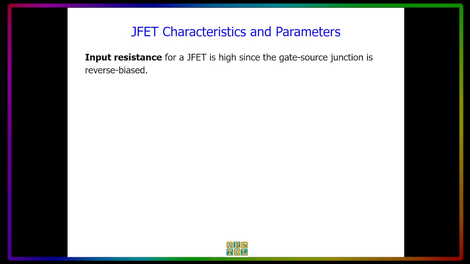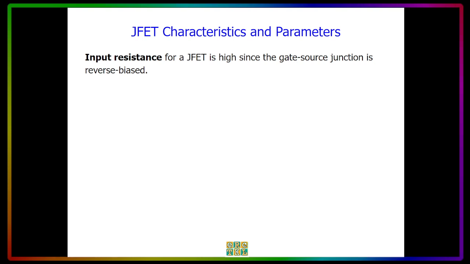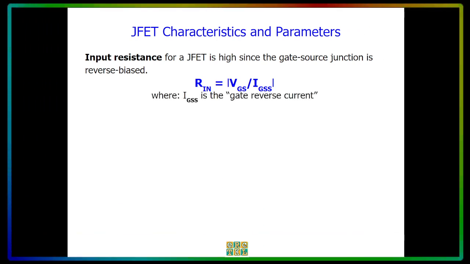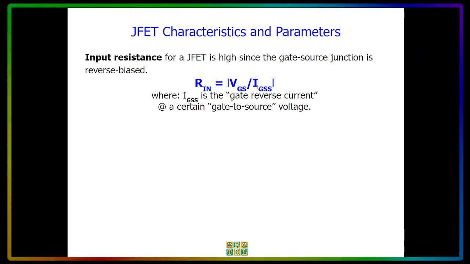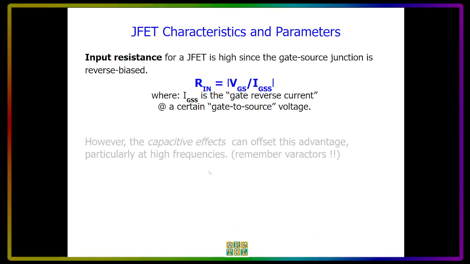So the input resistance for a JFET is high since the gate source junction is reverse biased. And this is the formula that I can show you. Rin is equal to VGS over IGSS. The IGSS is the gate reverse current at a certain gate to source voltage. So the IGSS here is the current at a certain VGS.